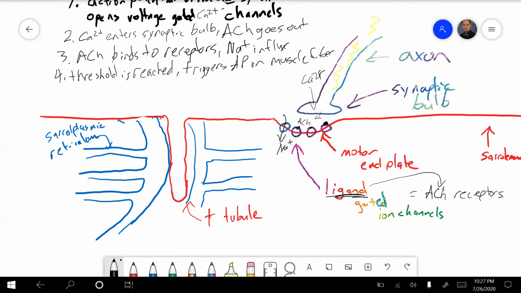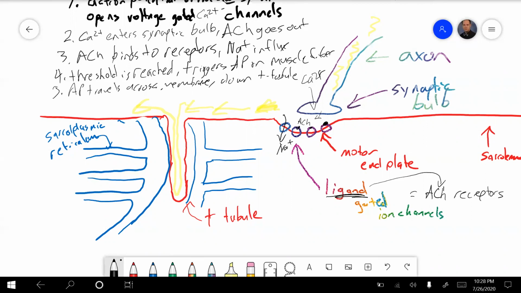And now that action potential is going to travel along the sarcolemma, the cell membrane, and it's going to go down that T-tubule and back up and out. So the action potential travels across the membrane, down the T-tubule.